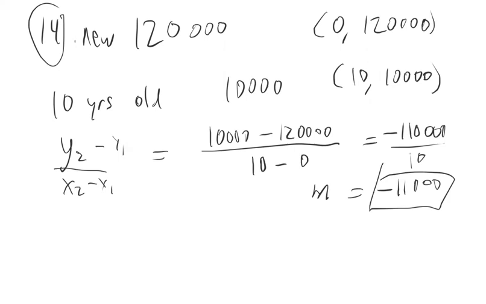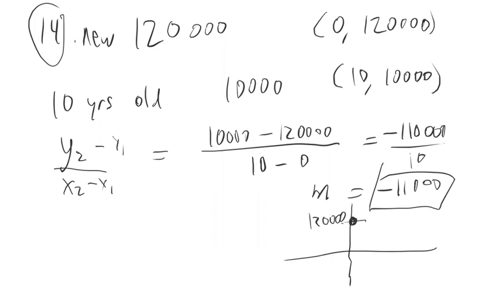Now the value of the truck is new at the very beginning, right? So when x equals 0, then y equals $120,000. So the graph of this truck starts out at a value on the y-axis, which is 120,000. Remember, wherever the graph is on the y-axis, that's the y-intercept.